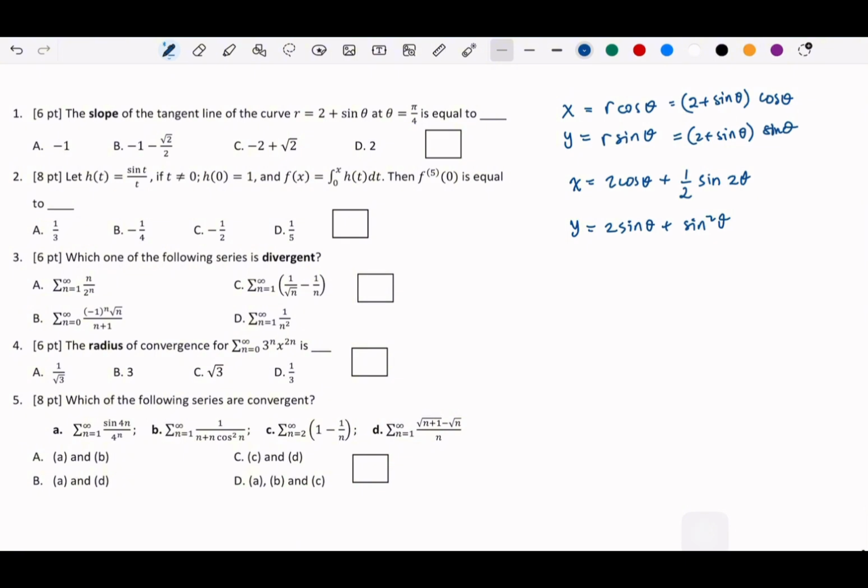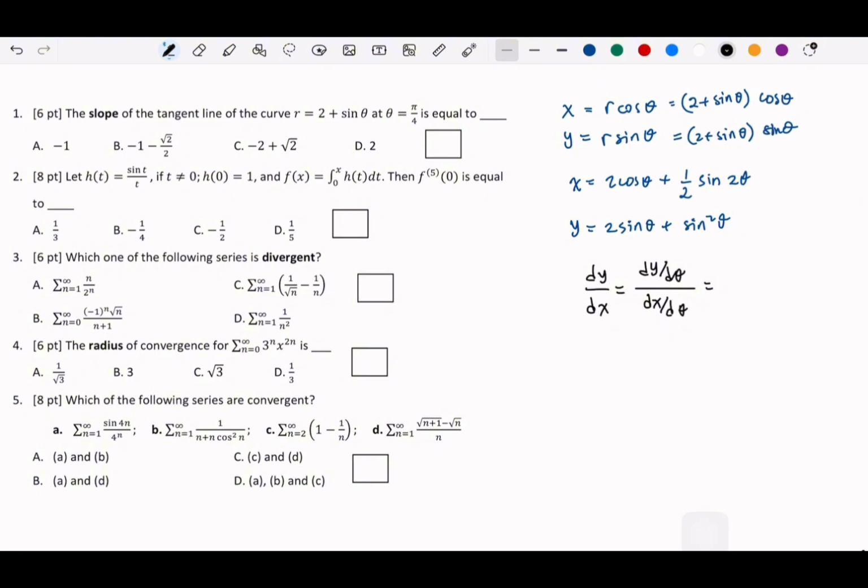Now I will write the tangent based on the definition in parametric. So dy over dx will be dy d theta over dx d theta, and basically we just derive all these.